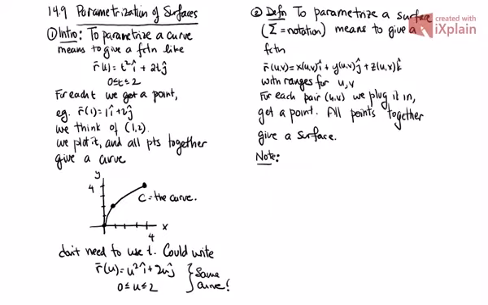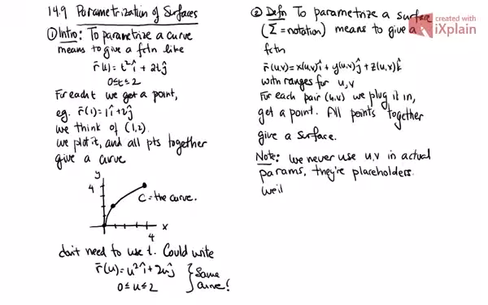So we never use u and v in practice, or let's say in actual parameterizations. They're just abstract, really just placeholders. So what we'll do is we'll typically use two of the following.